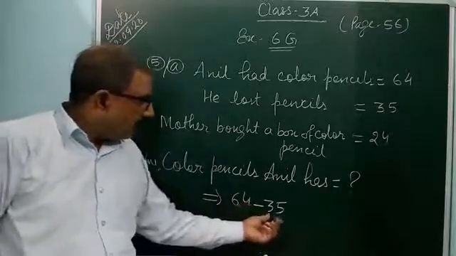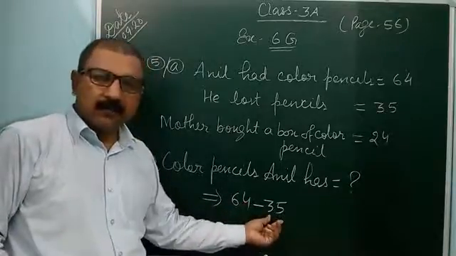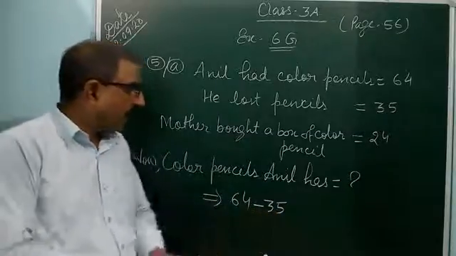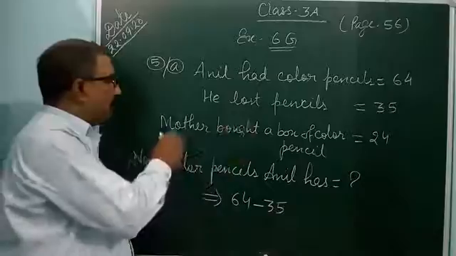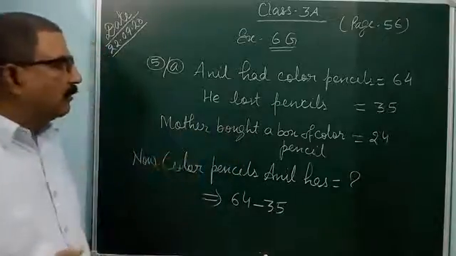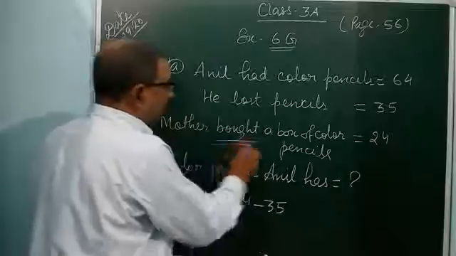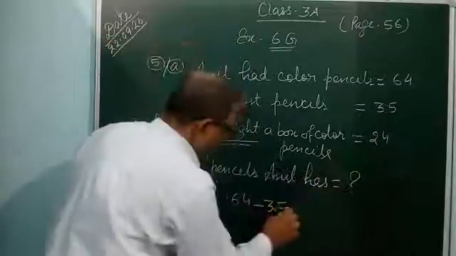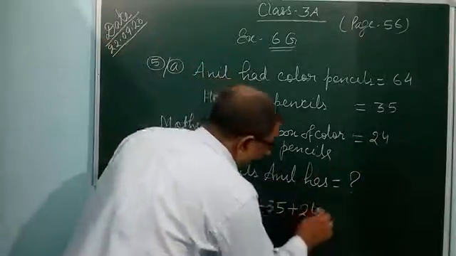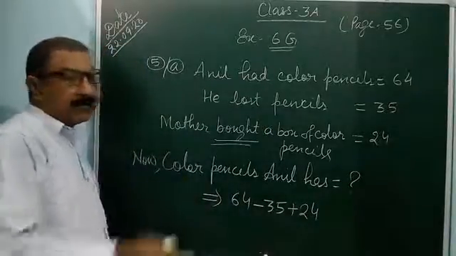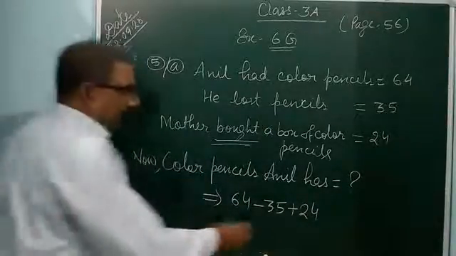He lost 35, so minus 35. And what he gained is how many color pencils his mother bought: 24. You can add 24. After that you can solve this.